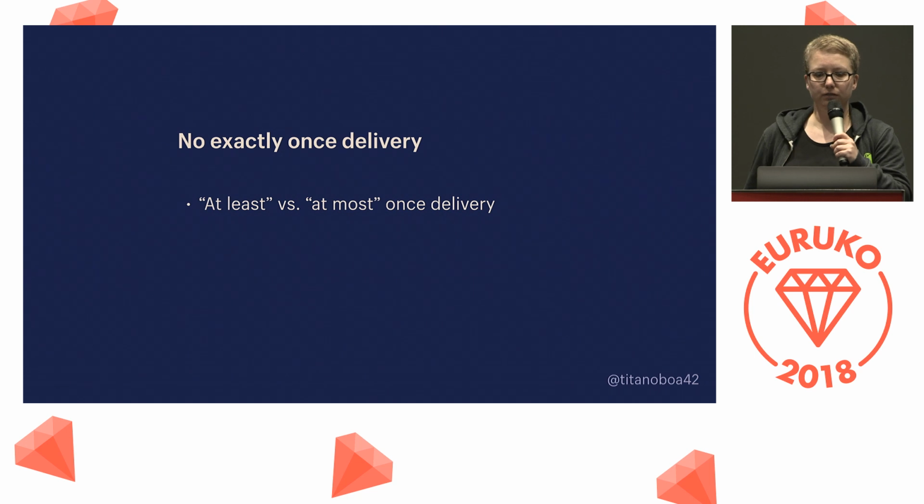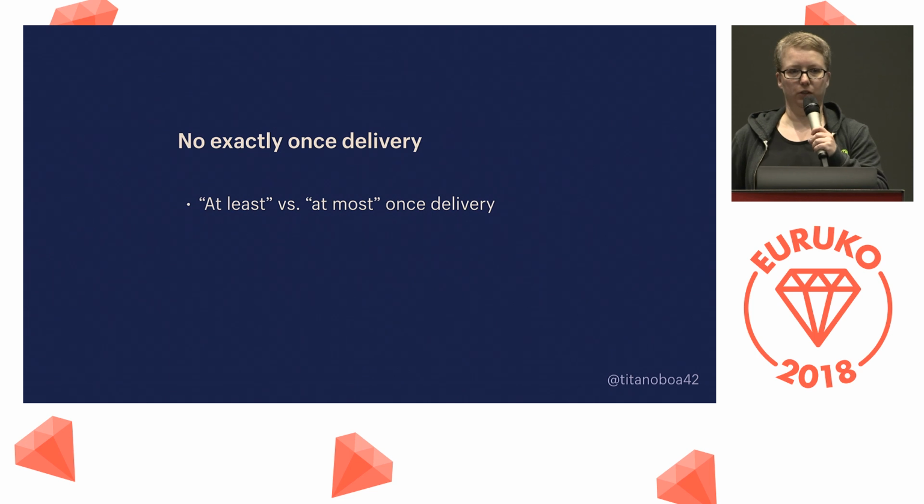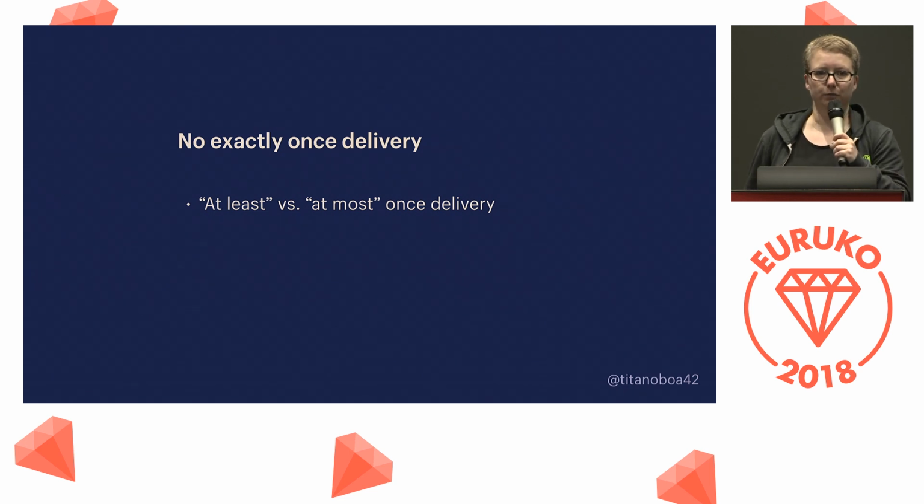At most once delivery sounds like a great choice if running the job twice is worse than not running it at all. But usually that points to a flaw in the code. For example, the background job might charge some customer, and we totally want to avoid charging the customer twice. So we're tempted to use at most once delivery.